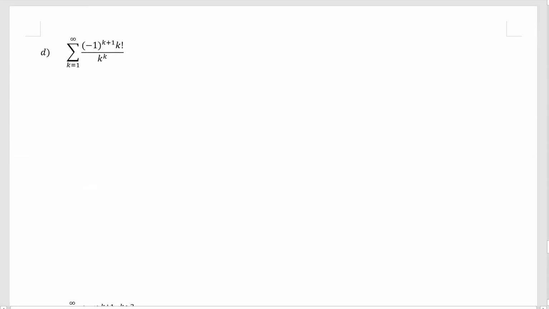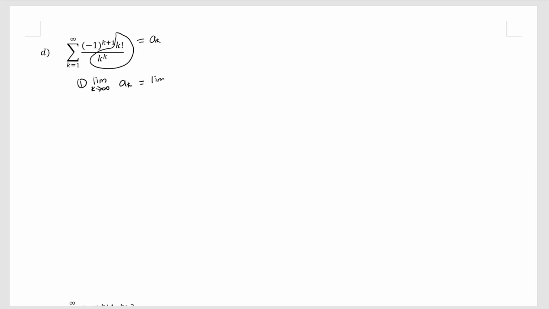Remember here we're determining whether an alternating series diverges, converges absolutely, or converges conditionally, okay? So what is our first step? Do you remember? The first step is to compute the limit of the sequence.